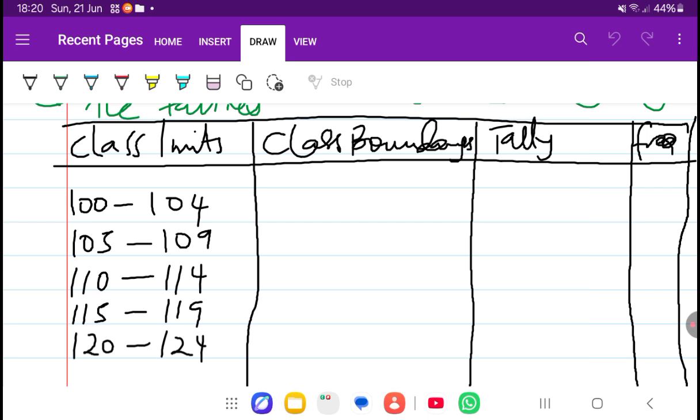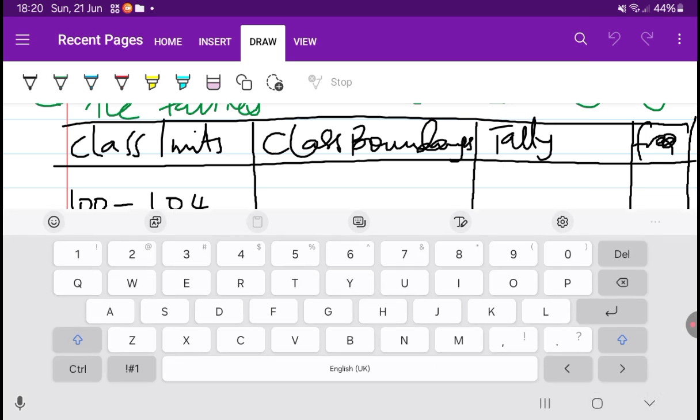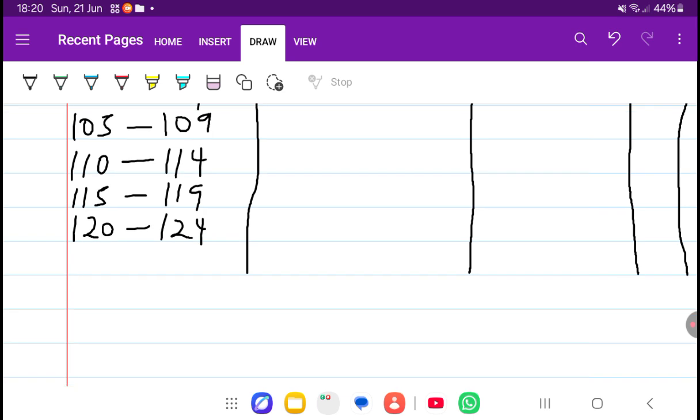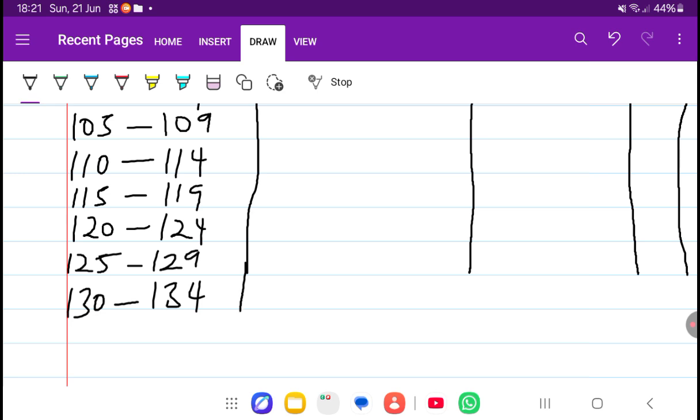One thing that we need to make sure is that we have 7 classes, because that's what the question told us to do. If you see you have more, just know you have done some errors somewhere. That's the way you verify whether what you went through is right. This is 125 to 129. This is 130 to 134. I stop there because that's where the data ends as well.